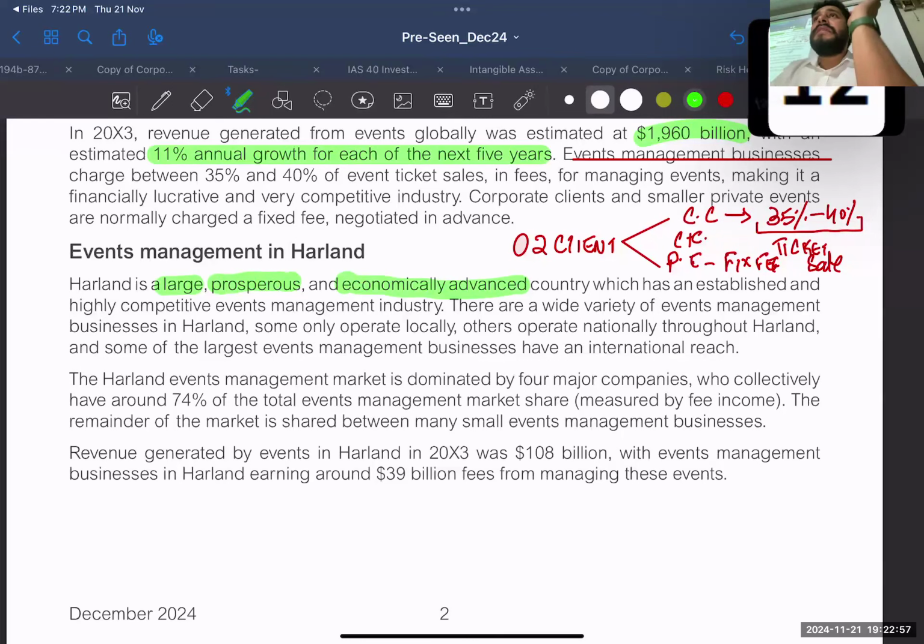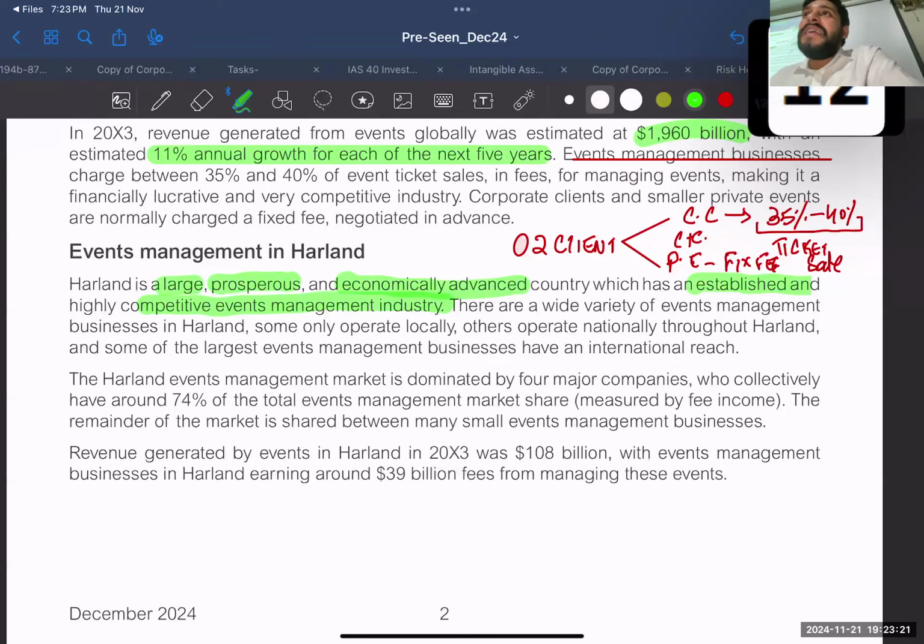It means that the industry competition is going to be at the optimum level because they have well-established and highly competitive event management industries. Now we need to figure out what competitive edge the companies have, or how you can create a competitive edge when you are working in this industry.